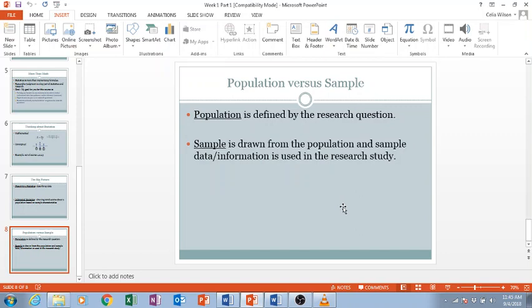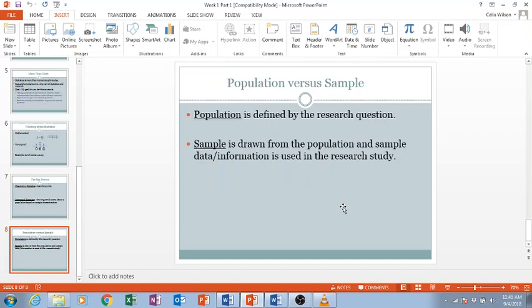All right, if that's who you care about, then you're going to sample from that group. Maybe there is a list, or you could somehow compile a list of all those high school seniors who had to enroll in developmental courses during that first semester of college. That's your population. Then you're going to pull your sample, however big, 20, 30, 500, whatever size sample you're going to pull from that population.